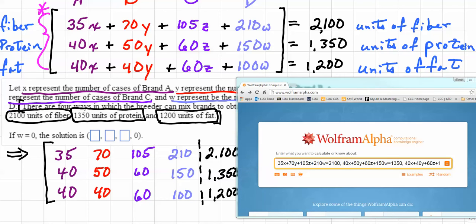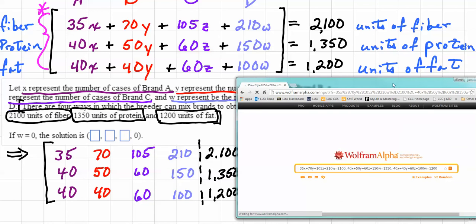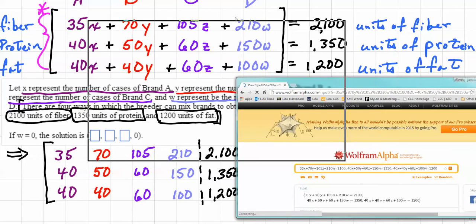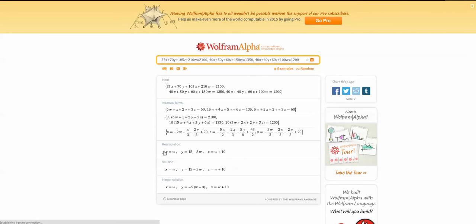And we'll see that the equations are entered, and now we'll go ahead and left click the equal sign so that we can see what's going on. And this will show you the solution, and it gives you the real solution, and you'll notice that they are all in terms of w.